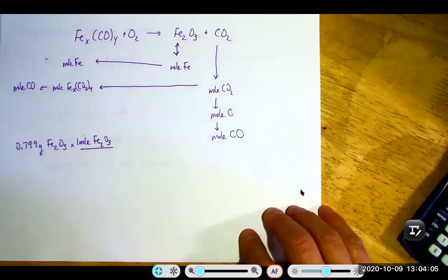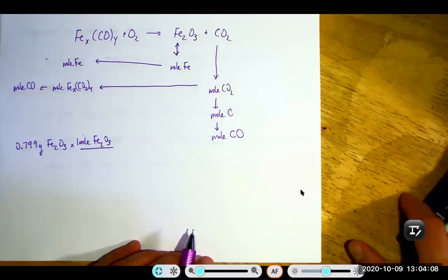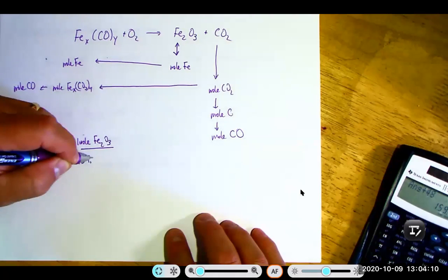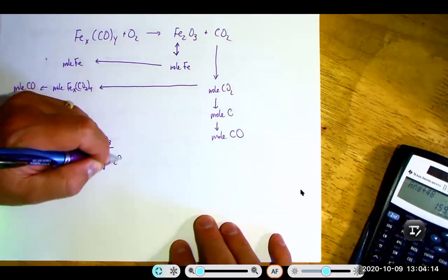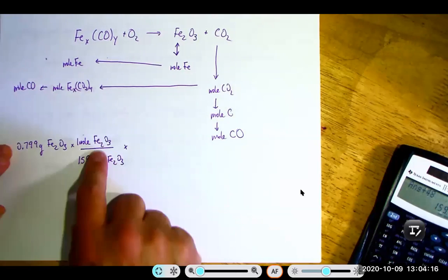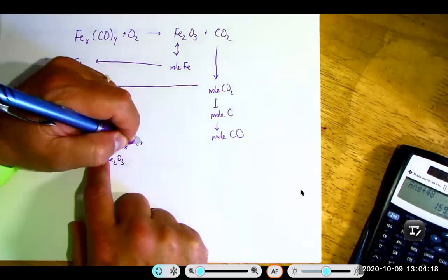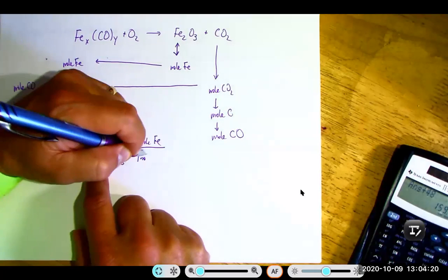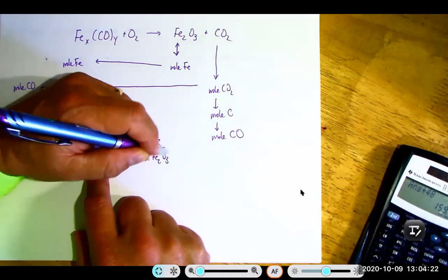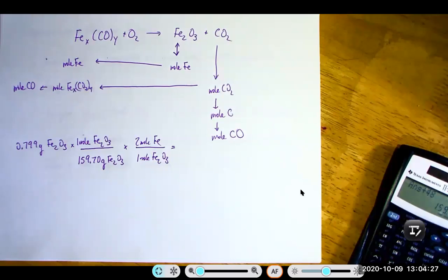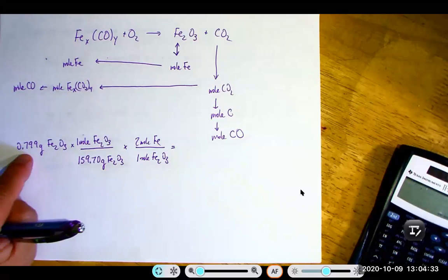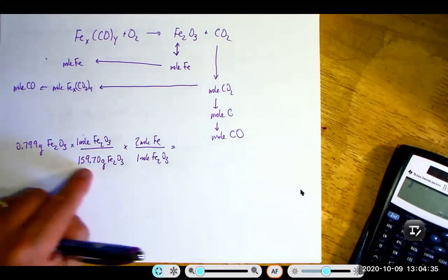Okay, so the molar mass of this stuff is 159.70 grams. And then there's 2 moles of iron per 1 mole of iron(III) oxide. Here I can see that the answer is going to be very, very small because of these two.